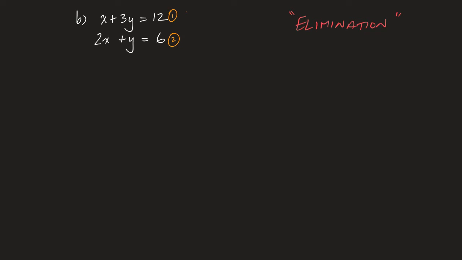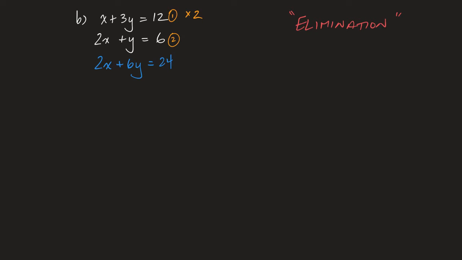But let's say that I'm going to multiply equation 1 by 2, because that would now generate the equation 2x plus 6y equals 24. Now I notice my x terms between my equation 2 and my new equation have the same coefficient.